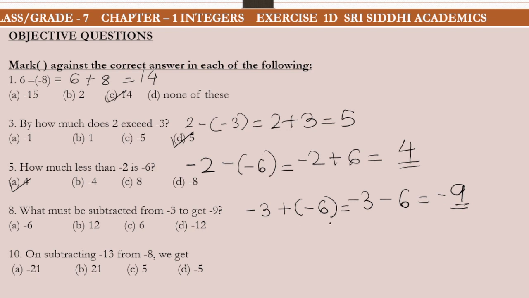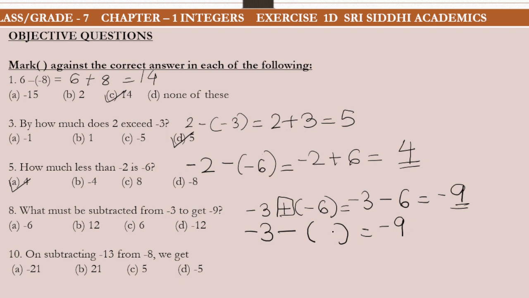The question is saying what must be subtracted from minus 3, but here we are doing addition. So this is not the way that we need to find the answer. We need to know what must be subtracted from minus 3 to get minus 9. So we are getting a resultant value which is smaller than minus 3.